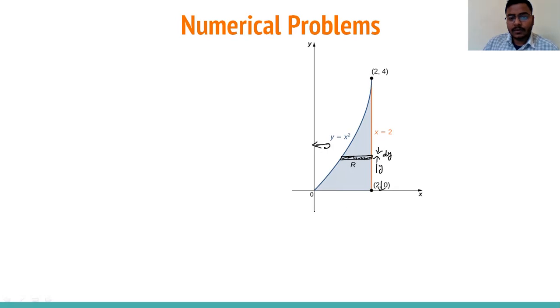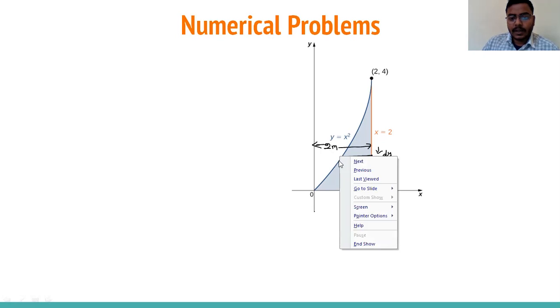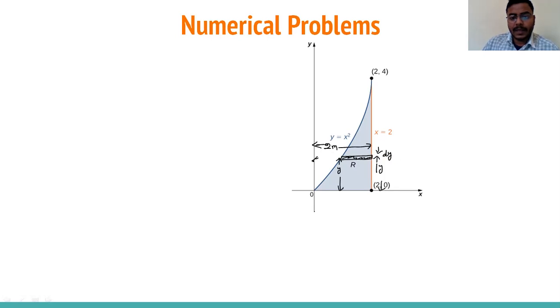Total length is 2 meter. That is given. This coordinate is 2, 4. It means x is 2 and y is 4. If this is y, so what will be the x?